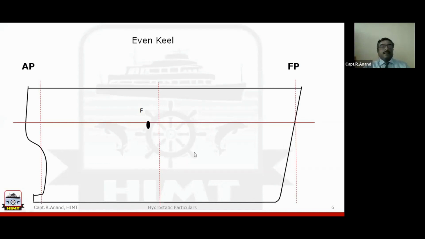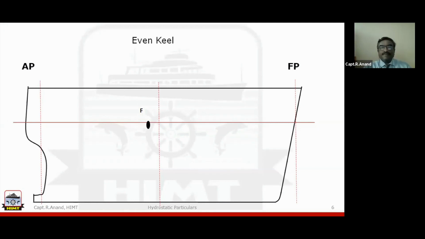Now, let's take the case of a vessel which is at even keel. That means forward and aft drafts are the same. Center of flotation, as I've shown here, is slightly aft of midship. So when there is a change in trim, will the change in the forward and aft drafts be the same?